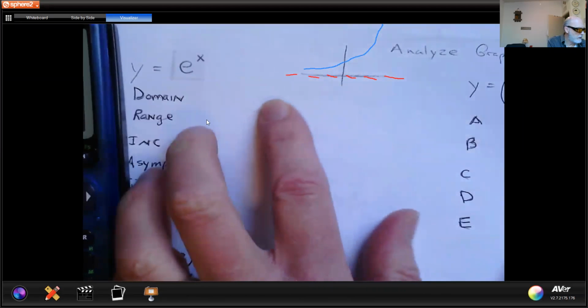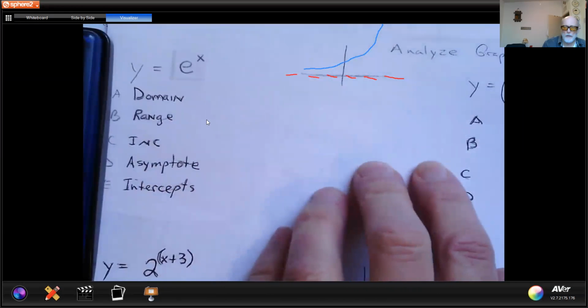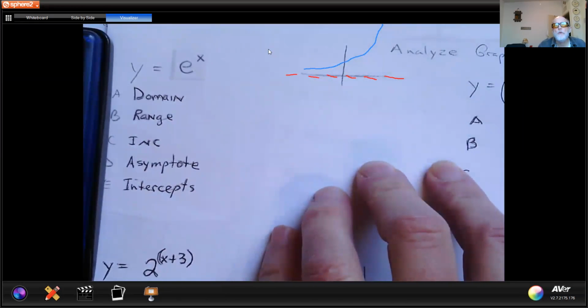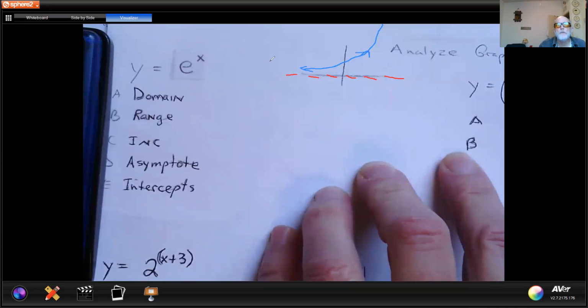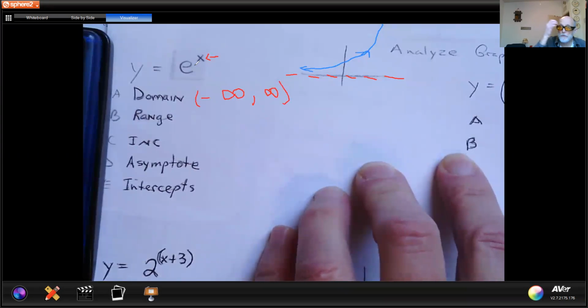So we know what the domain is, and we know what the range is, I hope. Remember, this one is going this way forever, and this one is going up forever. So the domain is all real numbers. What x numbers can I pick? I can pick any negative number, I can pick any positive number, because I can raise e to a positive number, or a positive fraction, or a positive decimal.